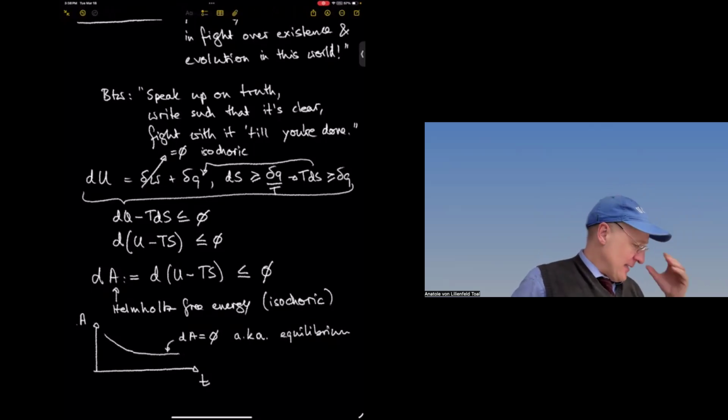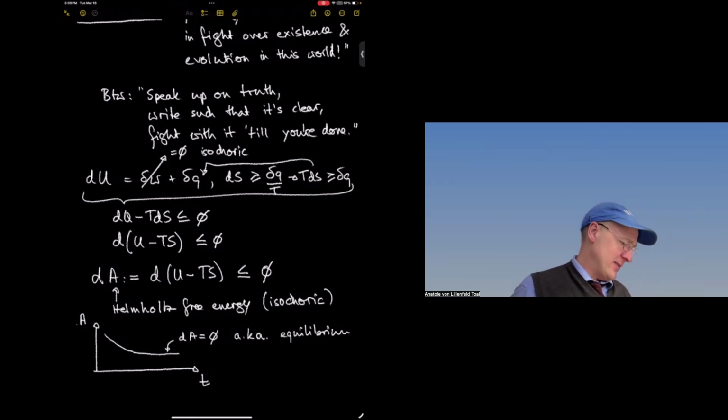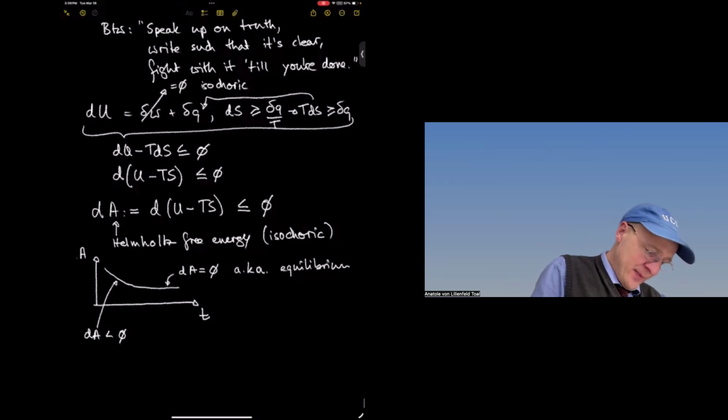But for most intents and purposes, the spontaneous movements of atoms are related to a lowering of the free energy. And in this regime, your dA is smaller than zero. That's the non-equilibrium.